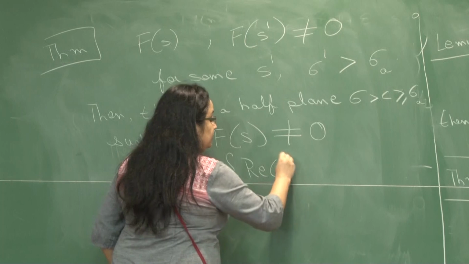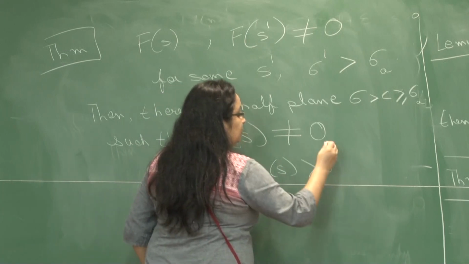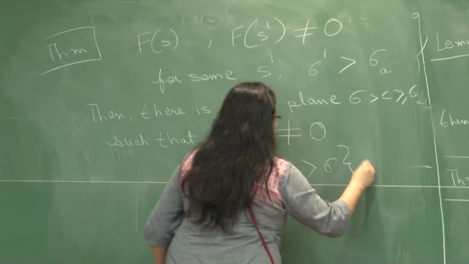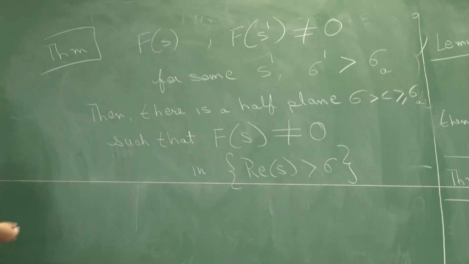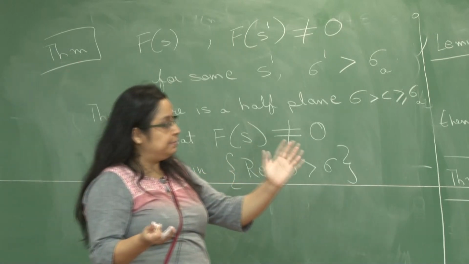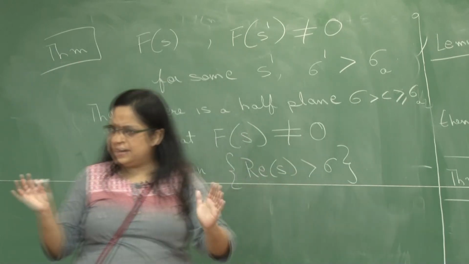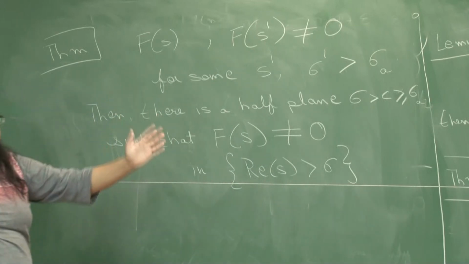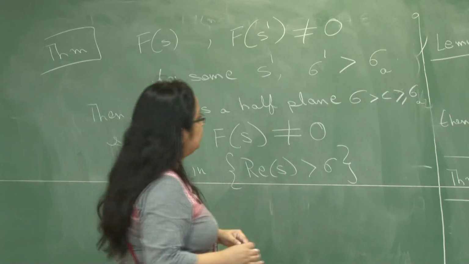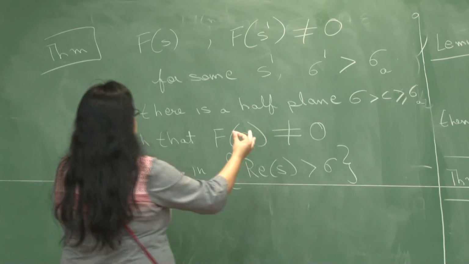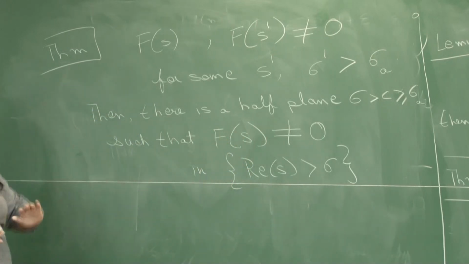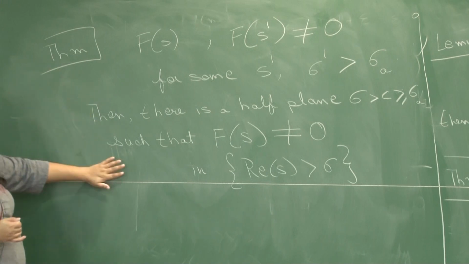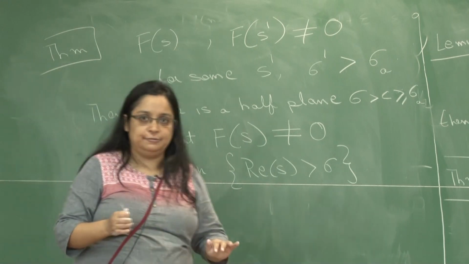So there is a half plane of absolute convergence, which follows very immediately from basic complex analysis. And then there is also a half plane of non-vanishing, which is very important for us. We will discuss a proof of this theorem in the next class, and I will stop for today.